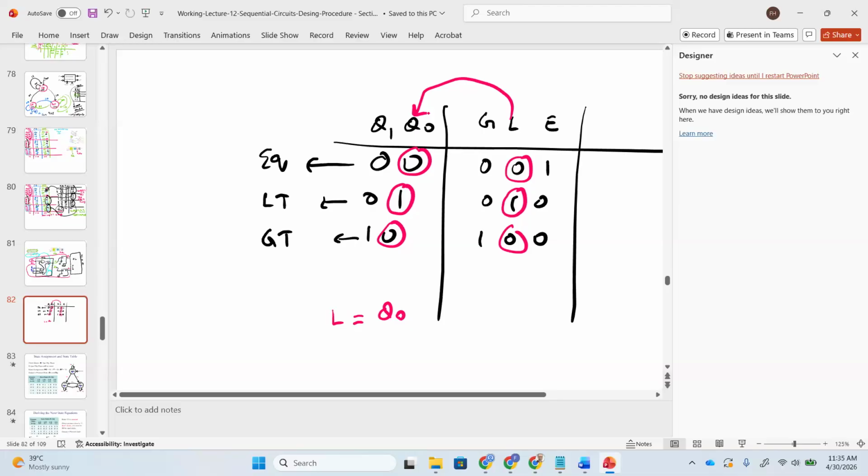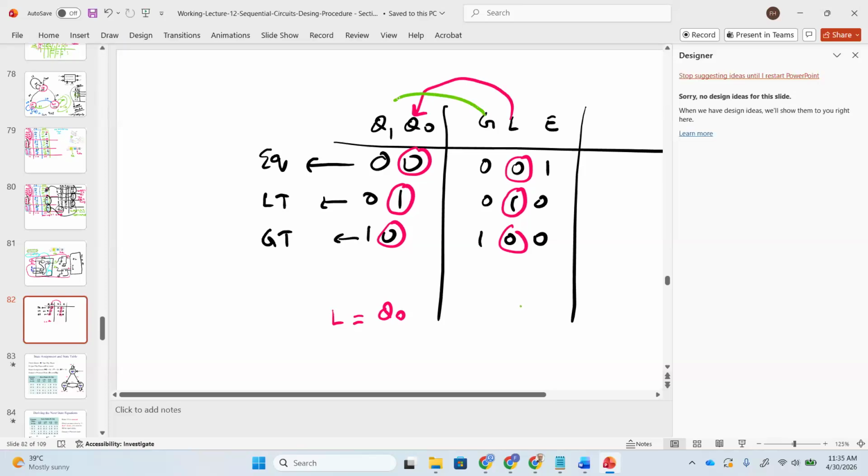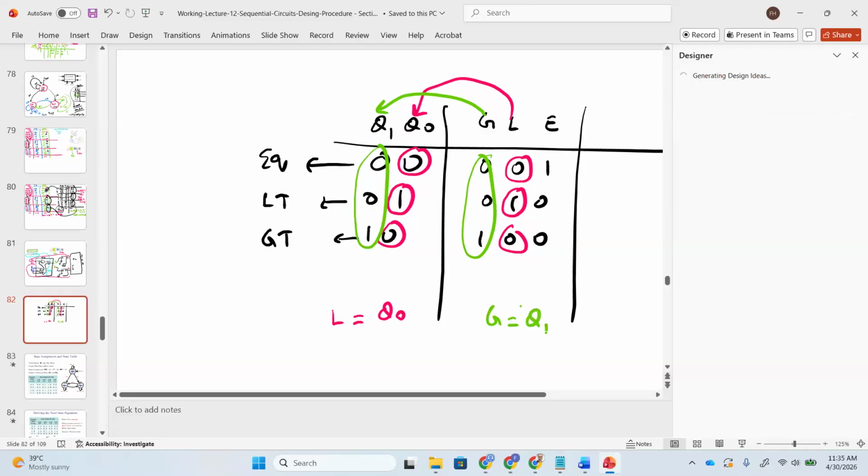Clear. Okay. What about G? G is the same thing as Q1. This is an intelligent design, or not? Can you see the design? Got it or not got it? Yes. Got it.